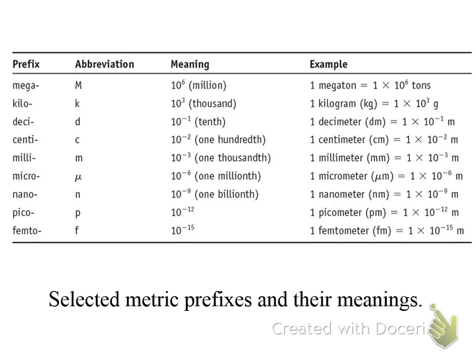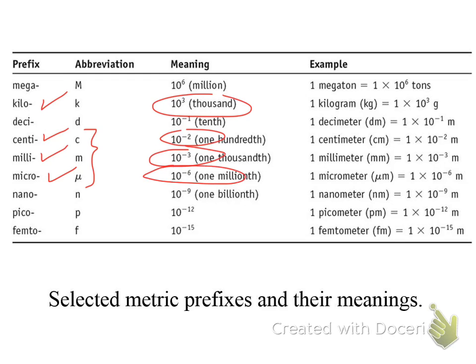So there were a few of these you need to commit to memory within the metric system. You need to know milli, centi, kilo, and micro. Kilo, of course, is 1,000 times. And then we have the smaller than the base unit, 1/100th for centi, 1/1000th for milli, and 1/1,000,000th for micro.